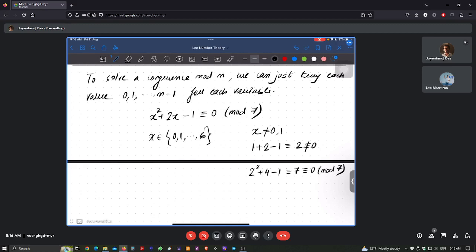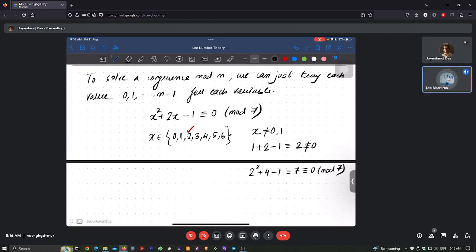What else? So 2 works. What about 3? 3 square is 9, plus 6 is 15, minus 1 is 14. Yes, it also works, right?